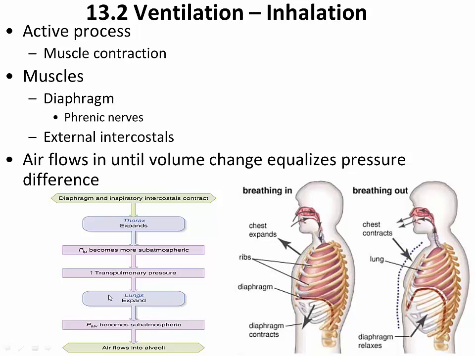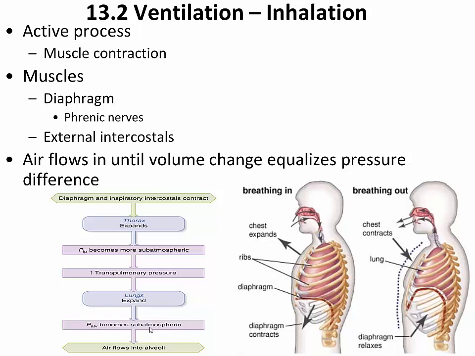The transpulmonary pressure goes up, the lungs expand as a result of that, and as a result of that expansion, the pressure in the alveoli becomes subatmospheric, and air then flows into the alveoli.